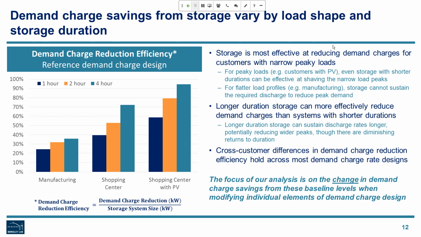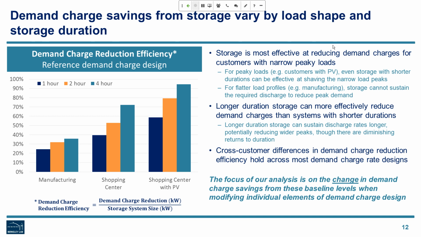For example, for the customer with PV, which tends to create those narrow peaks in early evenings, as we've seen in those load profiles, even storage with shorter durations can be effective at shaving those narrow load peaks. For customers with flatter load profiles, the manufacturer customer, for example, in our case, storage can't really sustain the required discharge rate to reduce peak demand substantially.